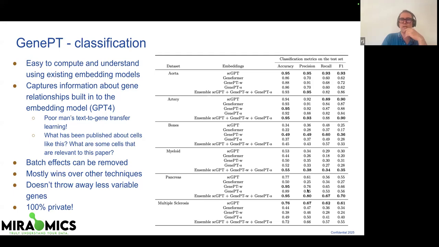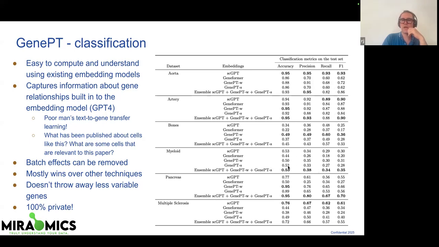But one thing that is important is that even when it's not the top, the ensemble is always pretty close to the top, right? So what this tells us is that the ensemble probably will do better. And maybe also interestingly, sometimes scGPT does pretty significantly better in accuracy, precision, recall, and F1.